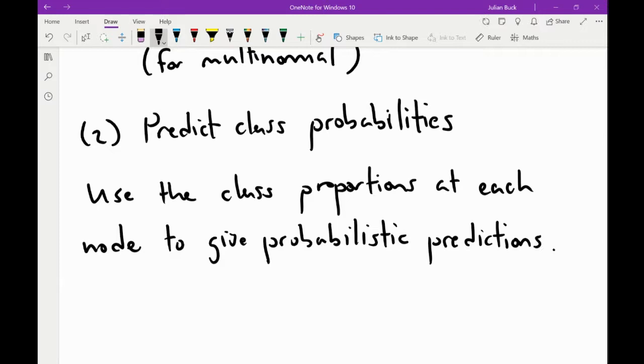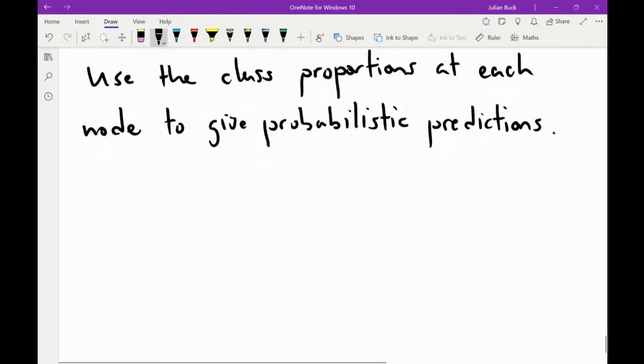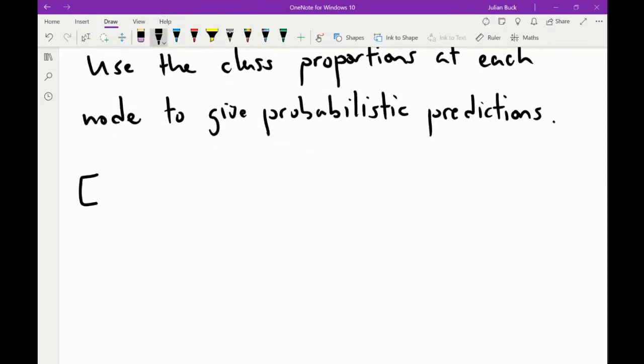What's nice about this is that it allows you to hedge a bit, to be a little more subtle, so you're not just making an unambiguous prediction of this class or that class. It's also quite useful because you can do it for both binary and multinomial classification.